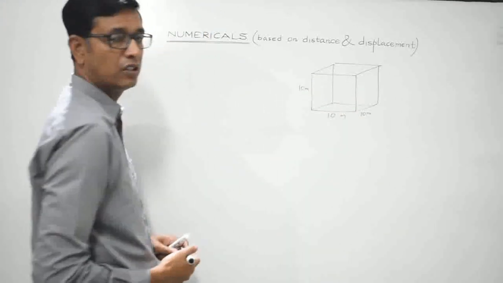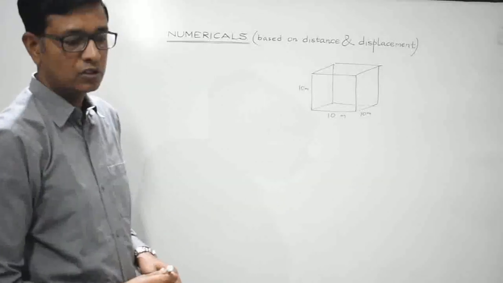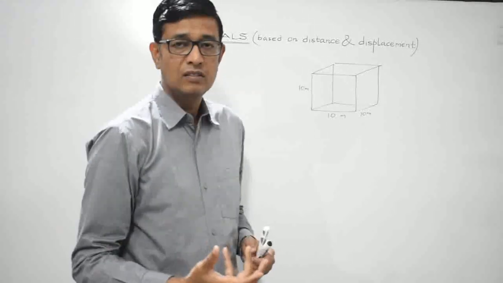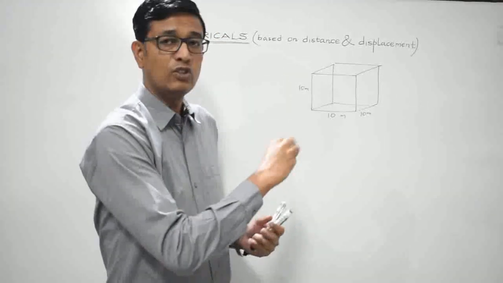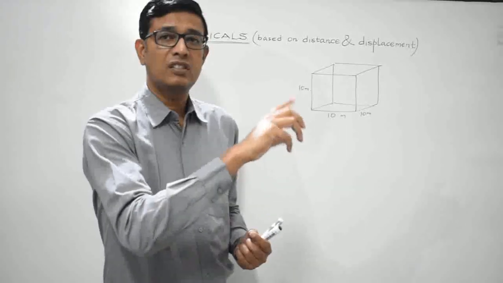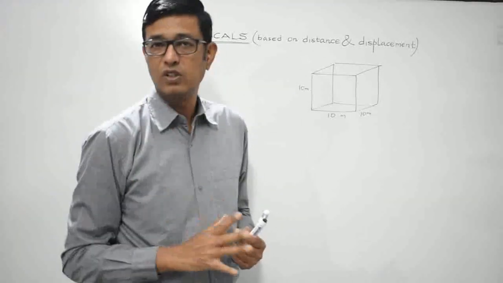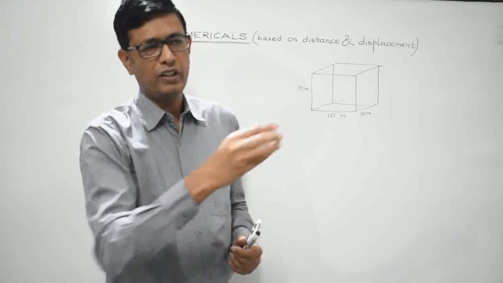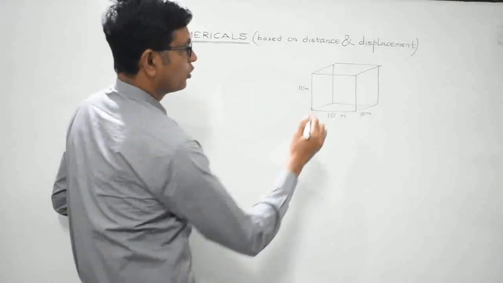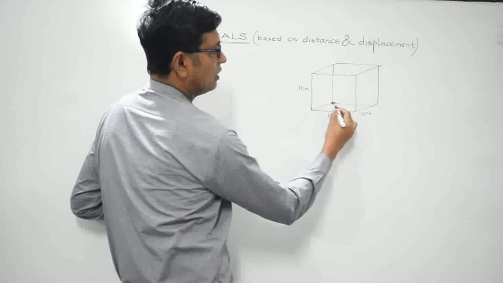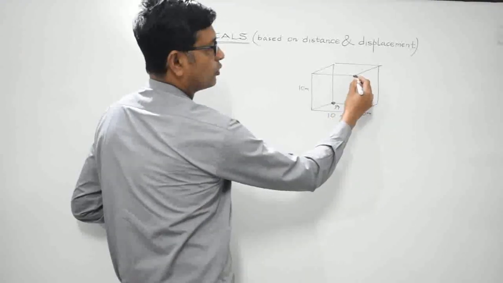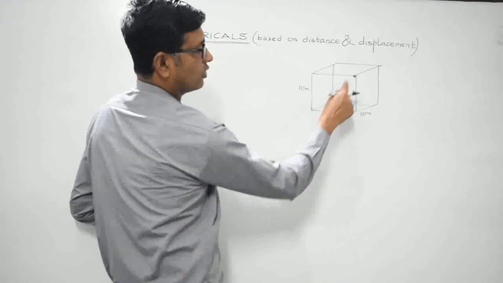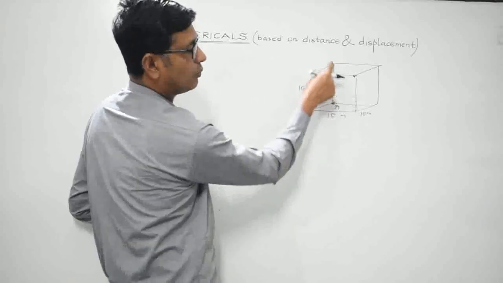All the sides are equal in a cube. Suppose a fly starts from one corner and reaches the diametrically opposite corner of the cubical room following a zigzag path. Suppose this is one of the corners and this is the diametrically opposite corner. These are the two diametrically opposite corners. Similarly, these are the two diametrically opposite corners.